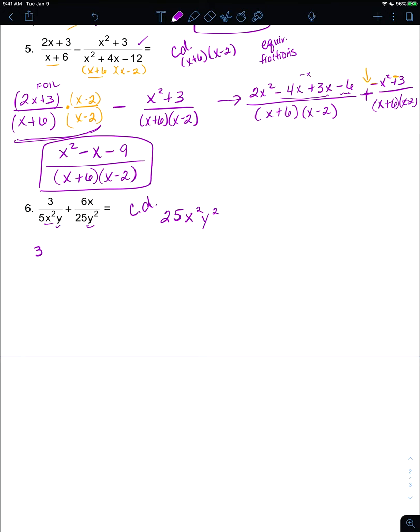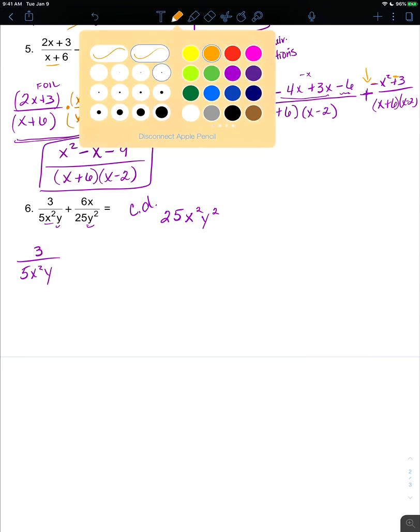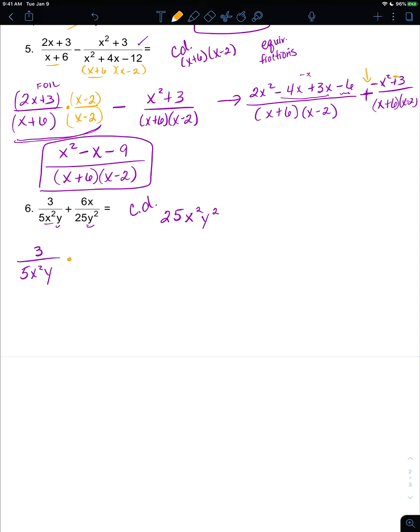Okay, so let's take our first term, 5x squared over y. Well, what does it need to become 25 x squared y squared? Well, the 5 needs to be multiplied by a 5. We've got the x squared, but we need another y. So that first term is going to have to be multiplied by 5y over 5y.